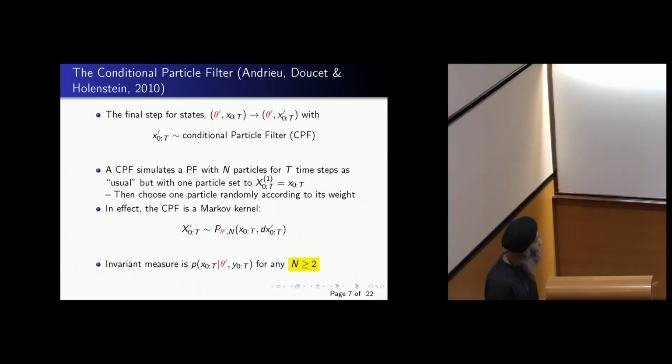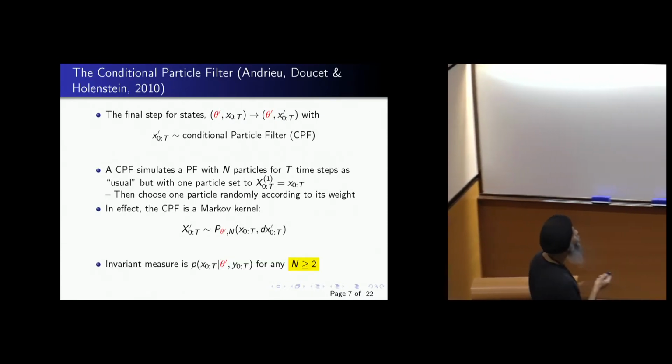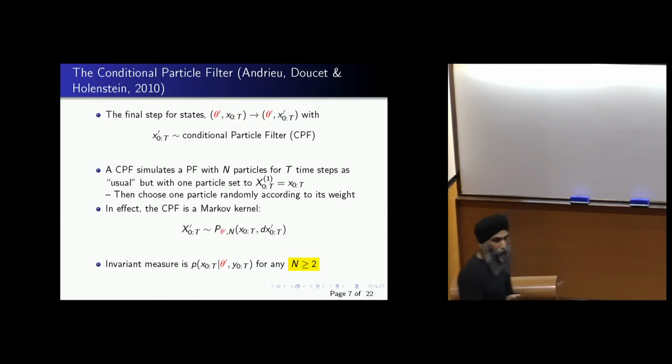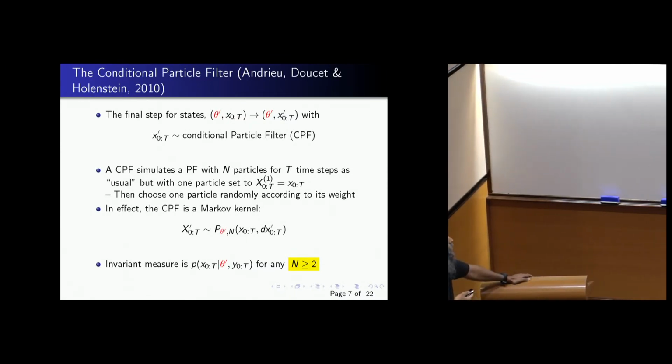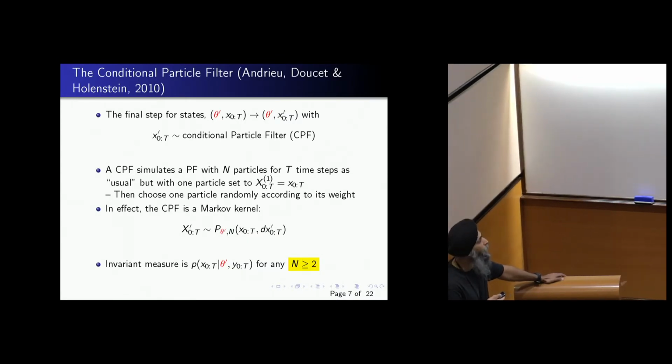What's remarkable, without giving you a description of its algorithm, is that this conditional particle filter has the right invariant measure. This Markov kernel has the target distribution as its invariant measure, and this is true for any N greater than or equal to 2.